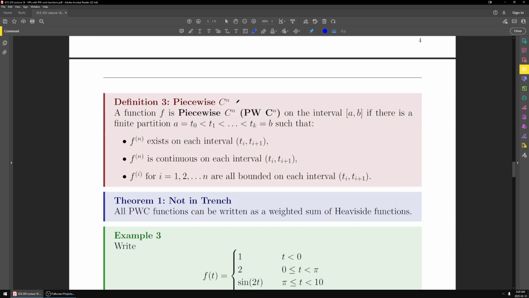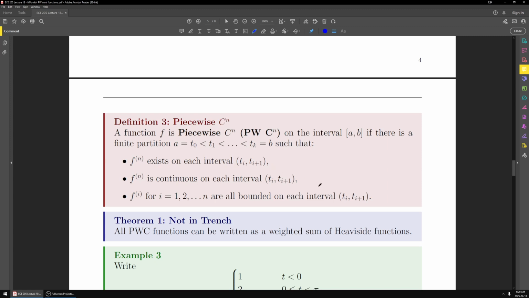The general definition is piecewise Cn. So for piecewise Cn, you basically need your derivatives to exist on the intervals, right? In order for the nth derivative to exist, I need the previous derivatives. So let's talk about the biggest derivative. I need the nth derivative to be continuous, and I need all the previous derivatives from, well, technically 0 up to n, I will update that. We want all the derivatives from the function itself all the way up to the nth derivative to be bounded on those intervals, right?